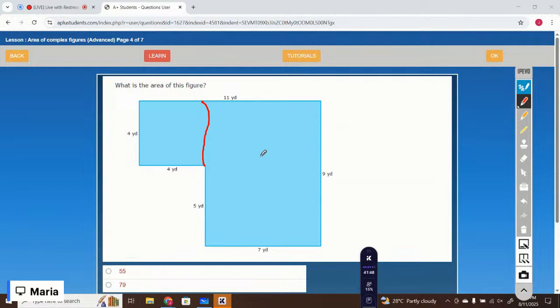So let's just divide it into two parts and calculate their areas. That is 7 times 9 is 63.